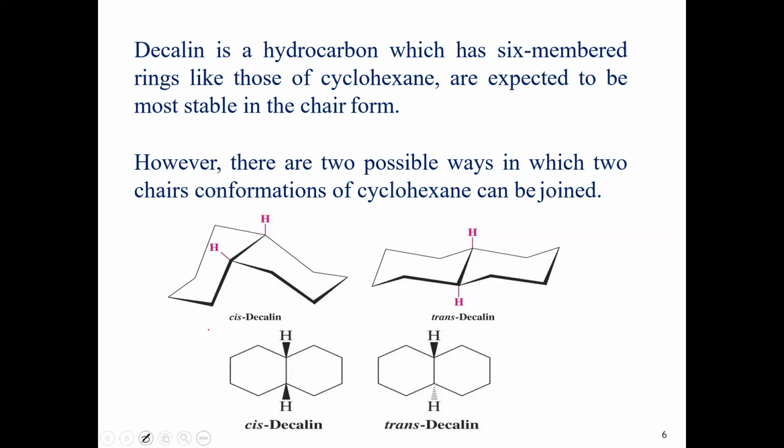Two chairs fused like this give cis decalin, and this gives trans decalin. Because in trans decalin, one hydrogen is on the upper side and one is on the lower side, both axial, and in cis decalin, both hydrogens are on the upper side, one axial and one equatorial.